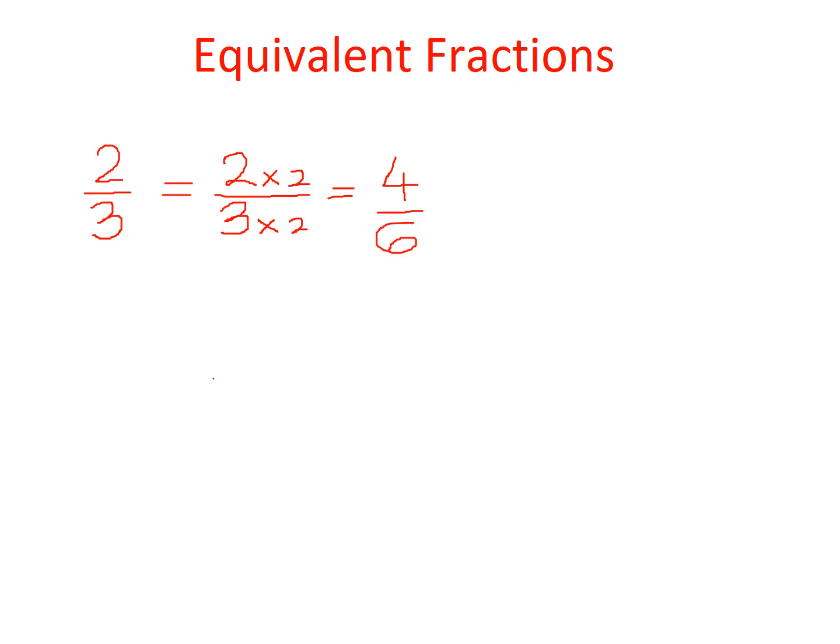We are basically saying that 2 over 3 connotes the same value as 4 over 6. They mean the same thing. Giving you 2 over 3 of my money and giving you 4 over 6 of my money, it's the same thing.